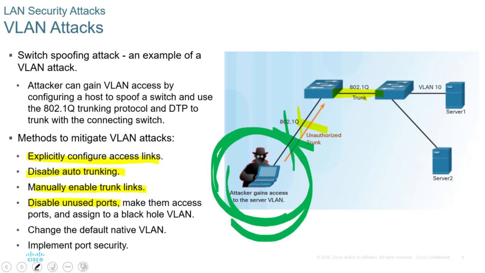And one of the other things that we can do is changing the default native VLAN, because again, the native VLAN by default is known to everybody. So if we can change that, that can be something. And implementing port security can also be helpful here. Again, by disabling those ports, or those ports not being used for anything else.